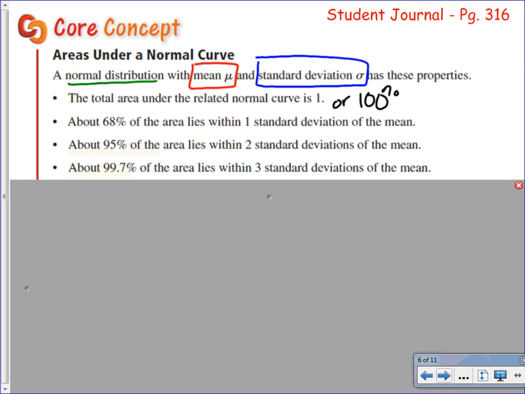So remember, there's just 0.3% of data that would be outside of the 3 standard deviations. Not very likely that we would have anybody out there.